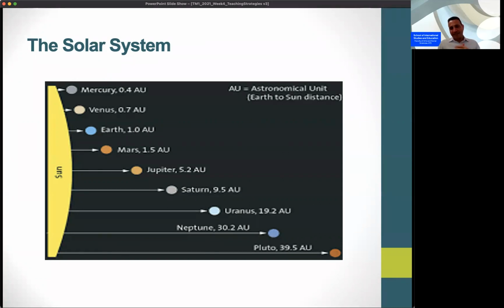Now, what I said to them in the instruction is to fold it in half. Now, what you notice there, Uranus is 19.2, let's say centimeters. Now, when they folded their paper in half, it's obviously not at 19, but it's right in the middle at 20. But it's close enough. They don't need it to be absolutely accurate.